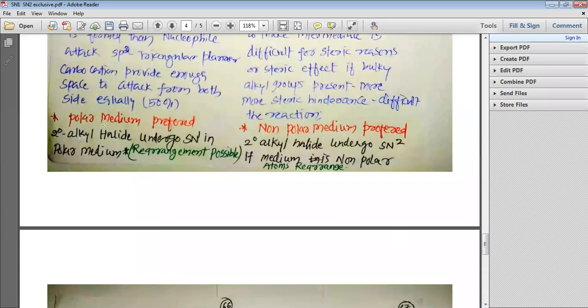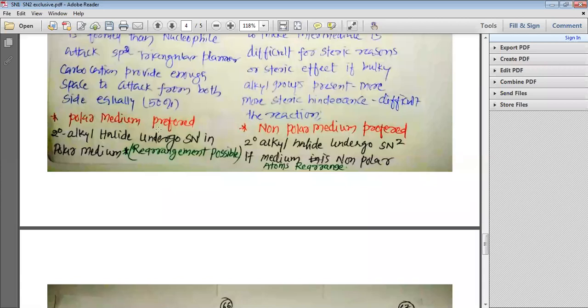Now in the SN1 mechanism, a polar medium is preferred because in the first step, the polar medium can easily make the carbocation. But in the SN2 mechanism, we do not need to make any carbocation. The reaction goes via the transition state, and that is why a non-polar medium is preferred.